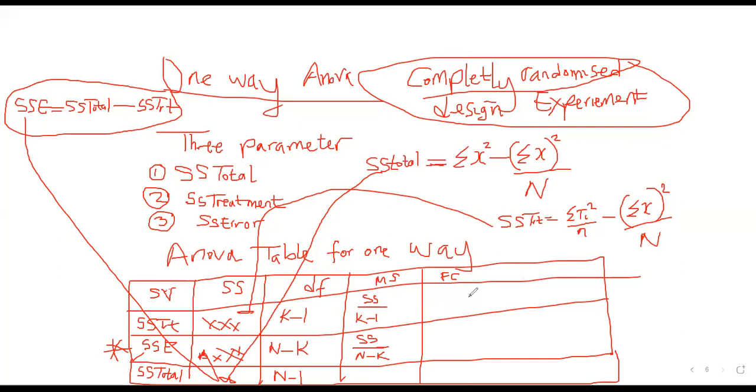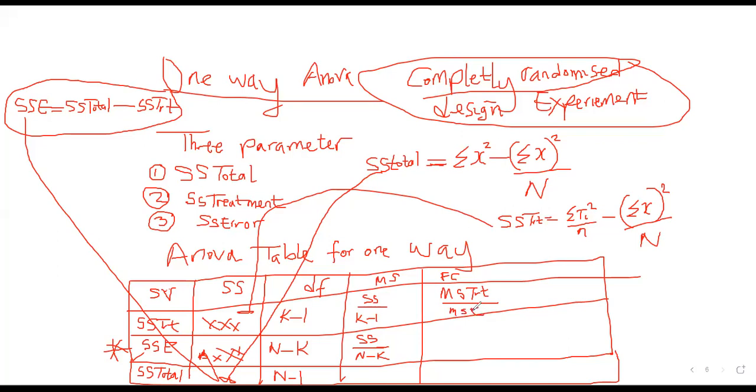The F calculated is the mean square treatment divided by the mean square error, which is the MSE.